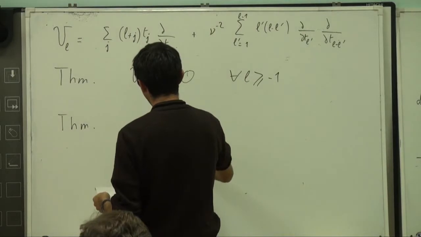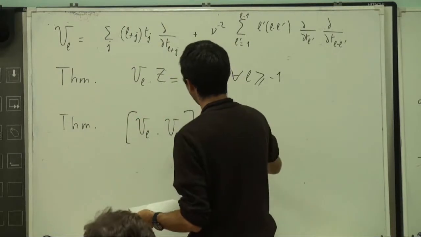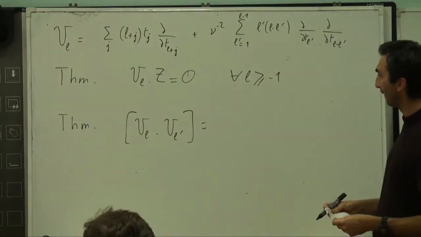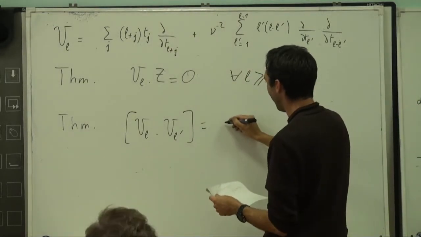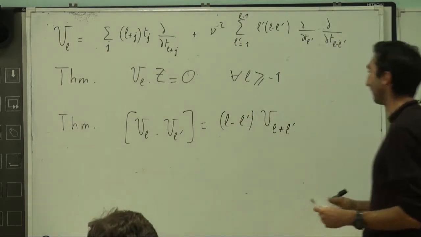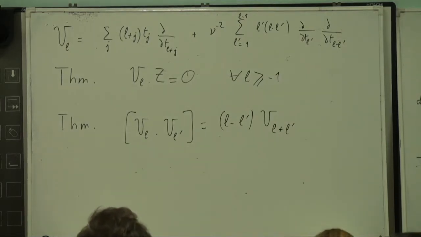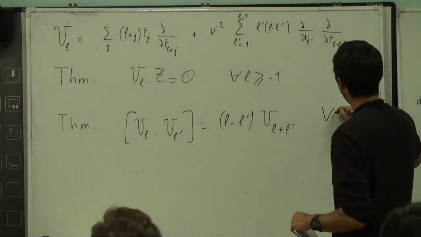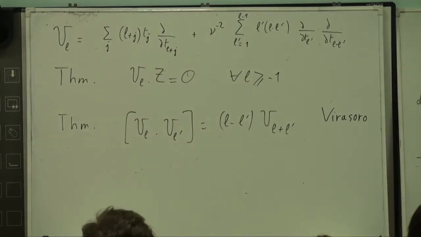So VL commutator VL prime, you compute, and this is proportional to another such operator. It's L minus L prime VL plus L prime. You can just check that by doing the computation. Sorry, we have shifted L by 2, yes? Yes.